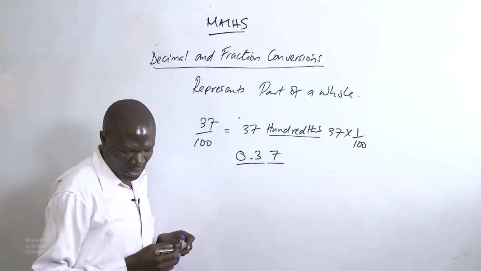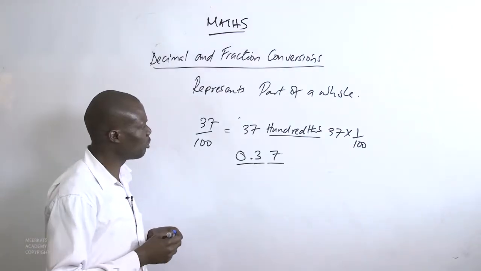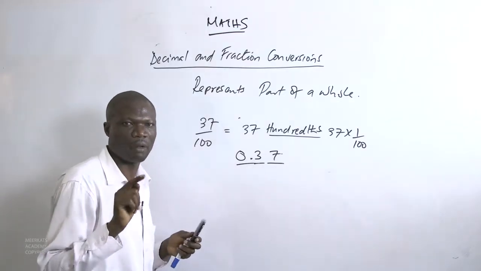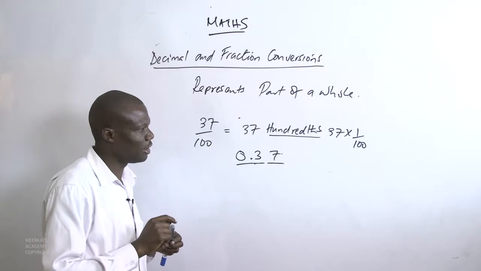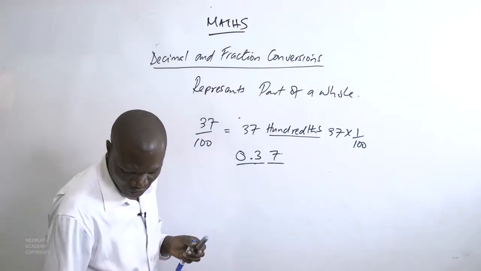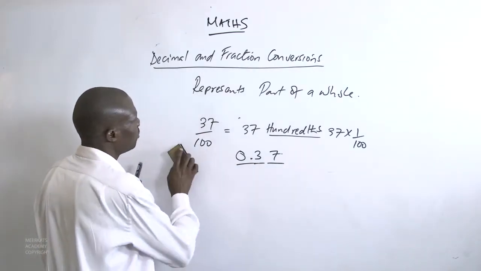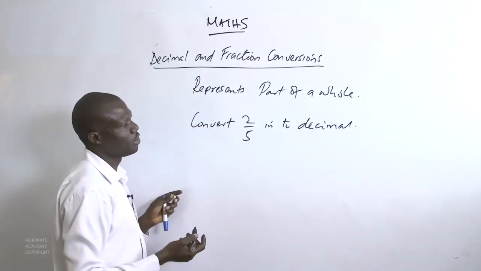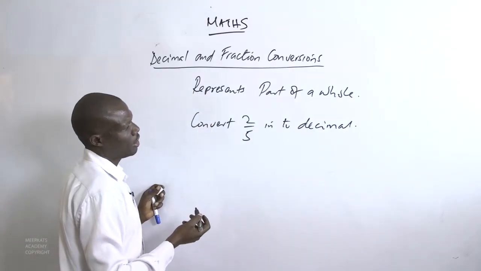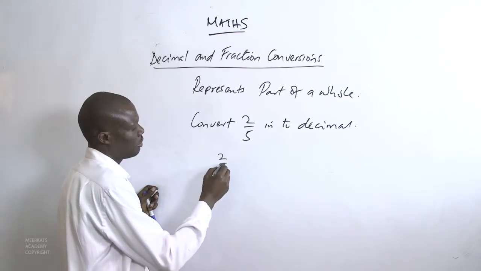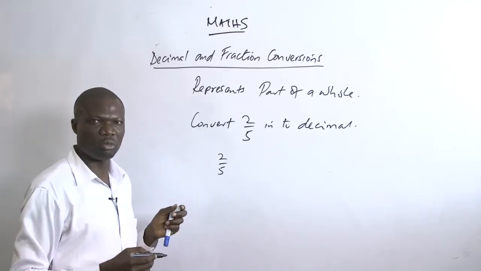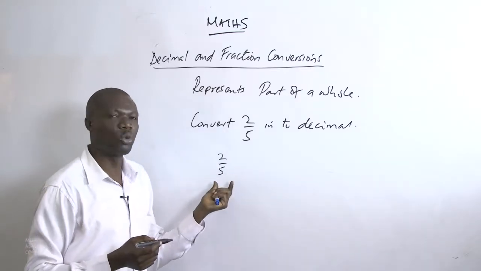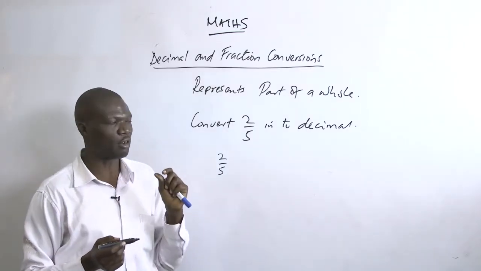But what if the fraction we have, the denominator is not a power of 10? If the denominator is not a power of 10, for example, 2 over 5. Convert 2 over 5 into decimal. Now, 2 over 5, we may not be able to convert it directly because we have only converted a fraction which had a denominator as a power of 10.